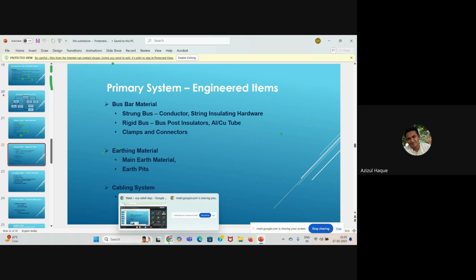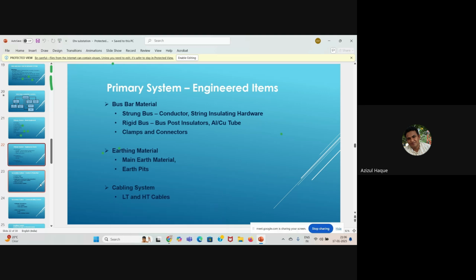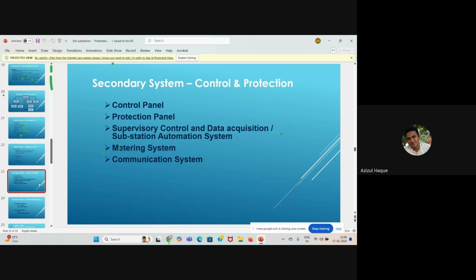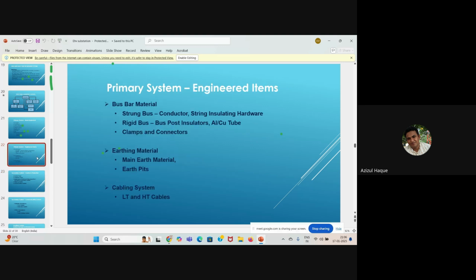So I have to put a connector on top of each BPI, bus post insulator, for holding the bus. We have designed a connector which will be fixed on the flat horizontal surface of the BPI, and it will hold the aluminum tube on top.